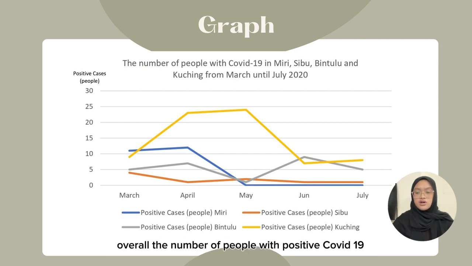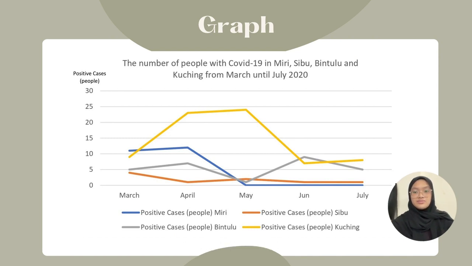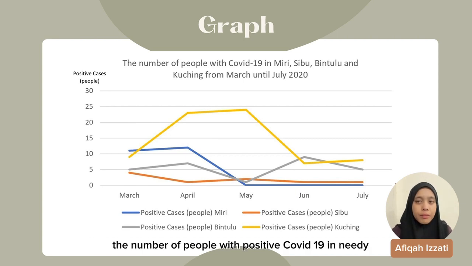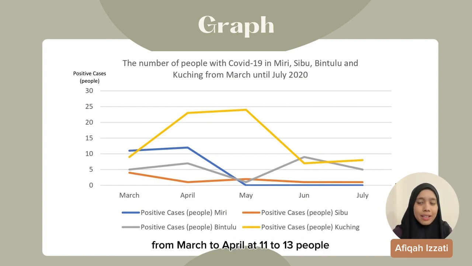Overall, the number of people with positive COVID-19 fluctuated widely over the months. As you can see, the number of people with positive COVID-19 in Miri increased gradually from 11 to 13 people from March to April, but then started to drop quickly to 0 in May and remained steady until July.